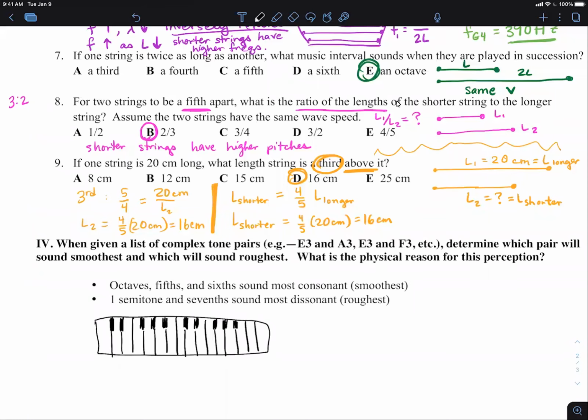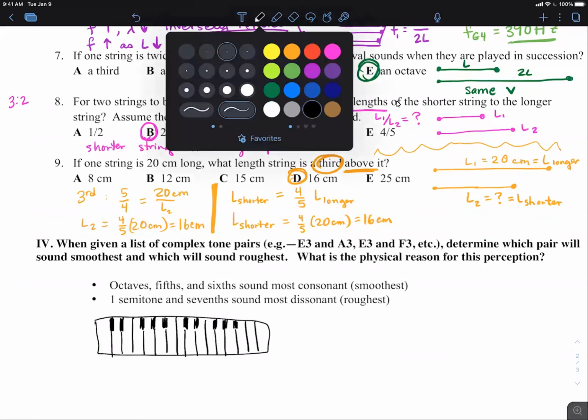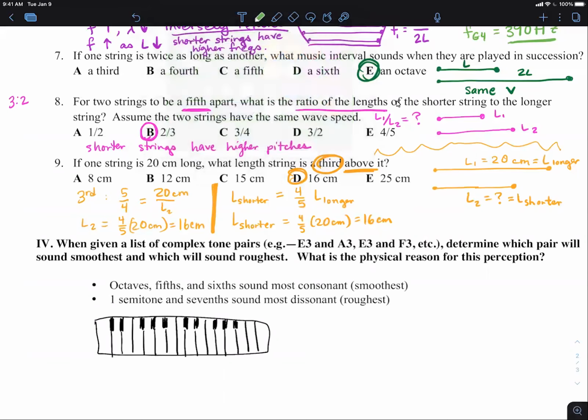Just to review again, the names on these keys are C, D, E, F, G, A, B, C, and then it repeats.